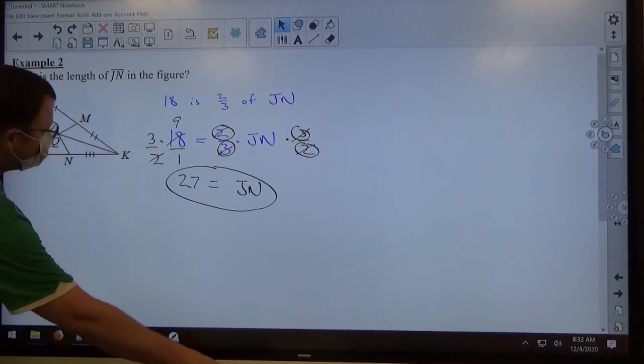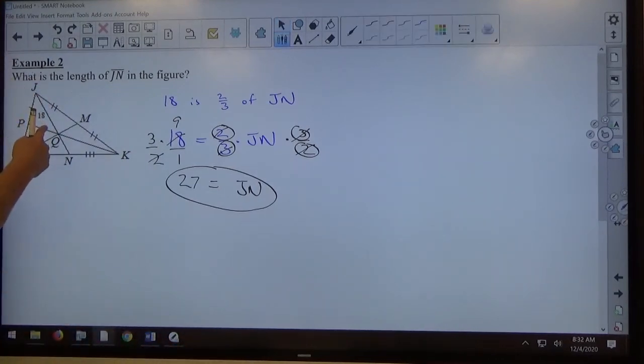So if this is 2/3 and this is 1/3, this is twice as big as that. So if that's 18, this is 9. 18 plus 9 is 27.